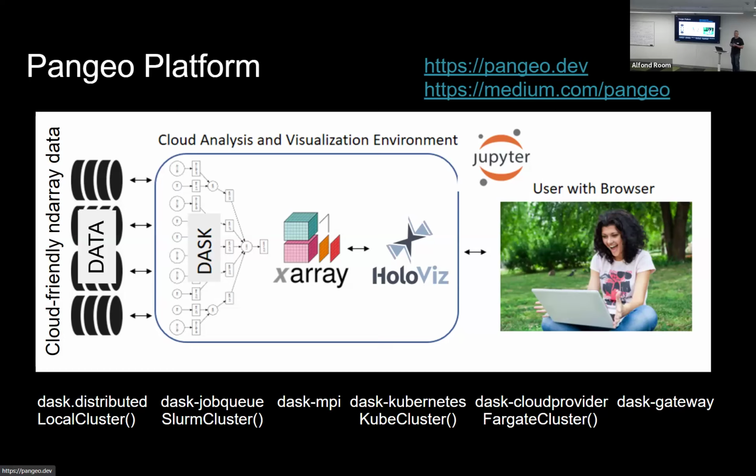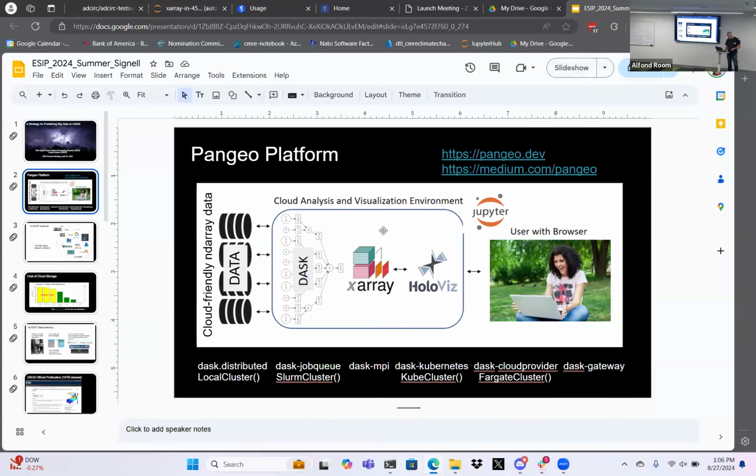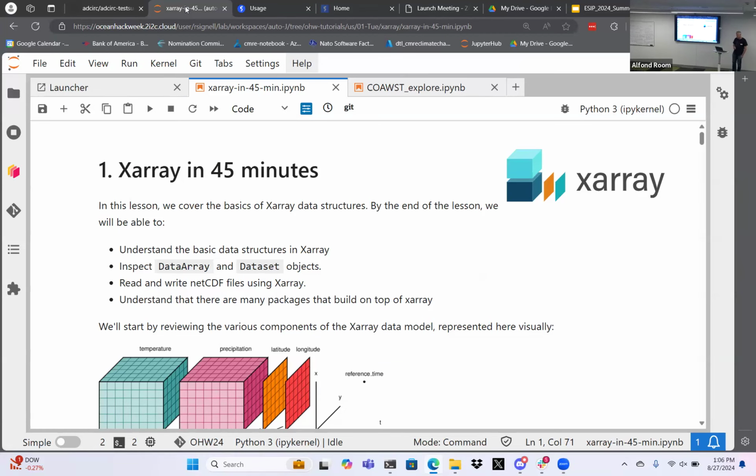So if you have to process more than, say, maybe a gigabyte of data, you probably want to be doing it with Dask, which happens to be underneath the hood of Xarray. So I'll just jump into this. That was my one slide, and now I'm going to jump back to the hub. So we're going to look at this again. This is just a standard Xarray tutorial you can find by just searching Xarray in 45 minutes. You'll get there probably on the first link.